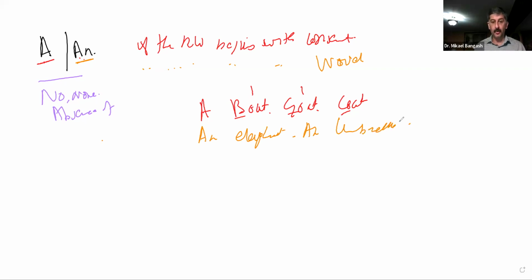So it's the same rule, mainly because your root word starts with a vowel, that you use the word an in front of it. Of course, it will still mean an elephant and an umbrella. So the same rule applies here, but what the prefix a or an is going to mean is no, none, or absence of.